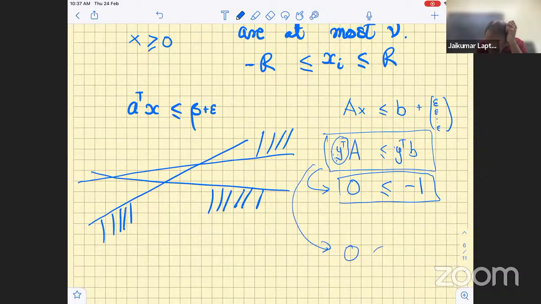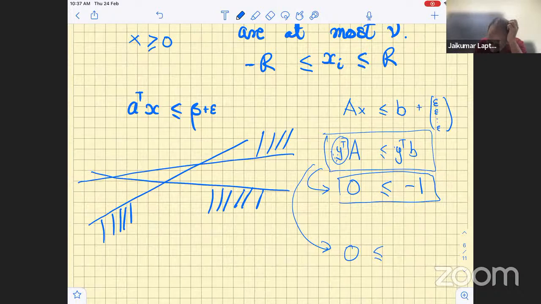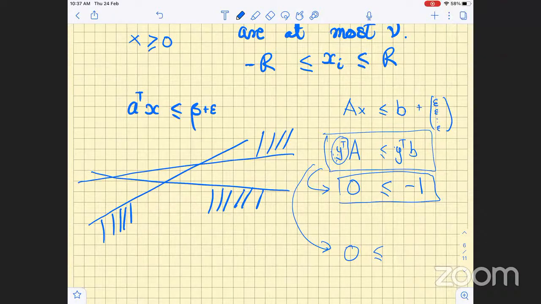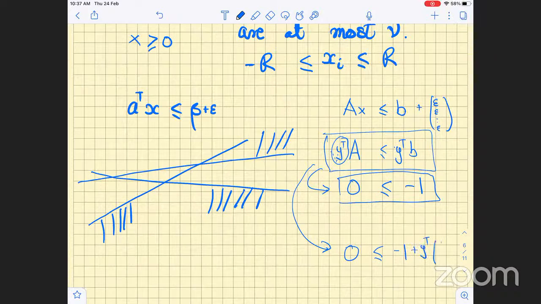And on the right, y transpose (b plus epsilon). y transpose b is already known to be -1, and basically I will get y transpose times these epsilons.